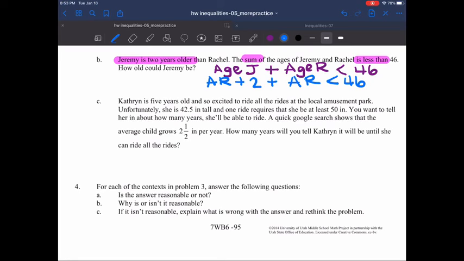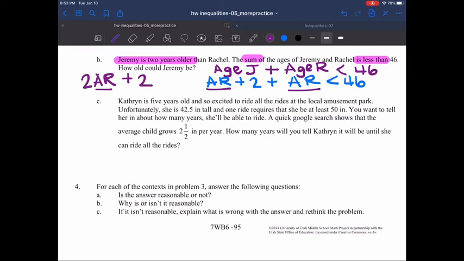Okay, now when we combine like terms this time, I have one age of Rachel and 2 ages of Rachel. So, and I'm going to have to move over here so you can see, I have 2 age of Rachel, and that's just one variable. It's not 2 different ones, it's one, and I'm just using it to remind me what I'm calculating here.